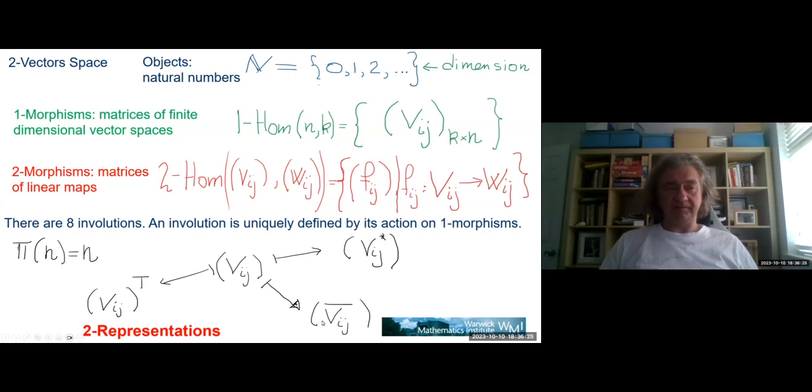You can take the complex conjugates, or you can take their duals. And then you can do any combination of all these 3. So you can use each or not use it, 2 times 2 times 2, there are 8 possible involutions. So there are 8 different theories.